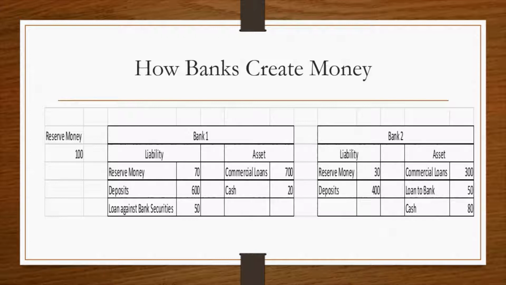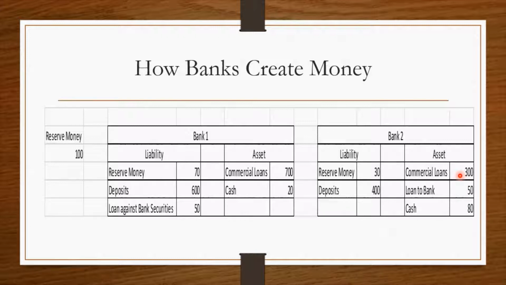Now, against those $70, Bank 1 gives out commercial loans of $700. So essentially the bank is creating $630 out of thin air. Similarly, Bank 2, against $30 of reserve money, is giving out commercial loans of $300. So it's creating $270 of money out of thin air.